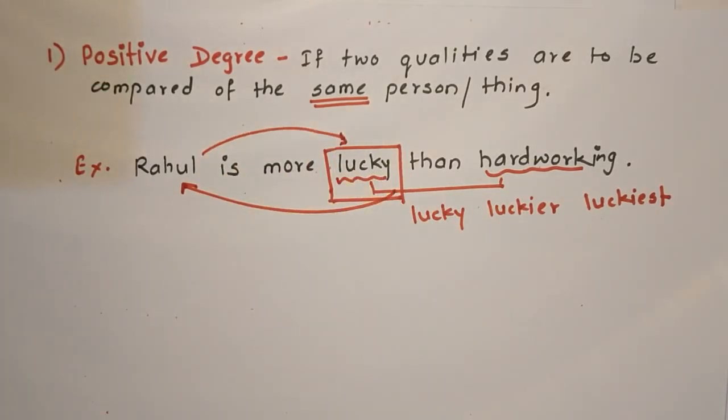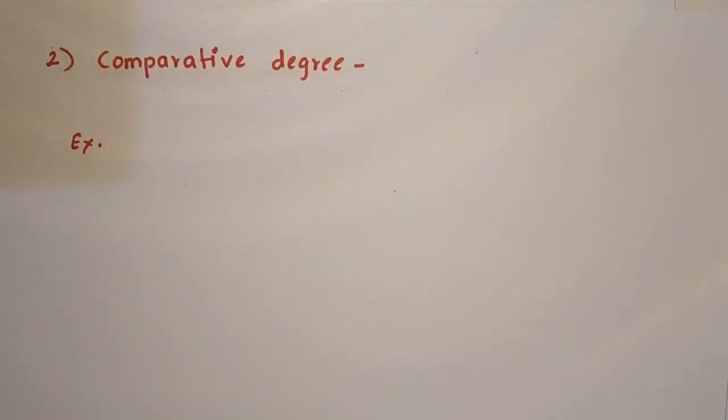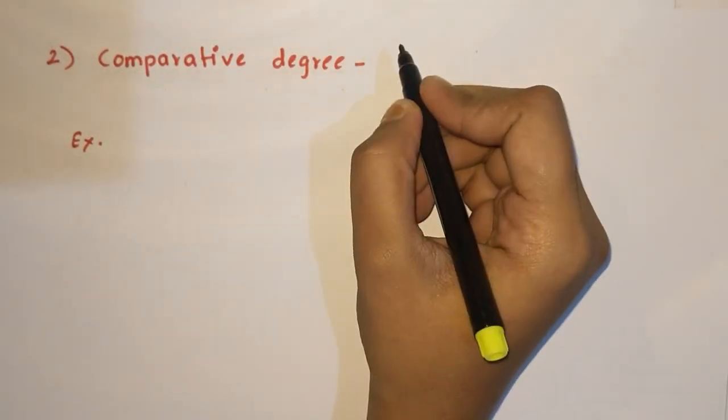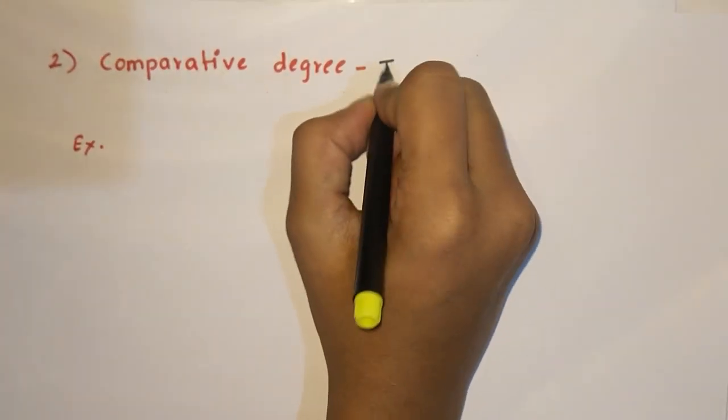Now we will see comparative degree. If the choice has to be made between two persons, this is simple.